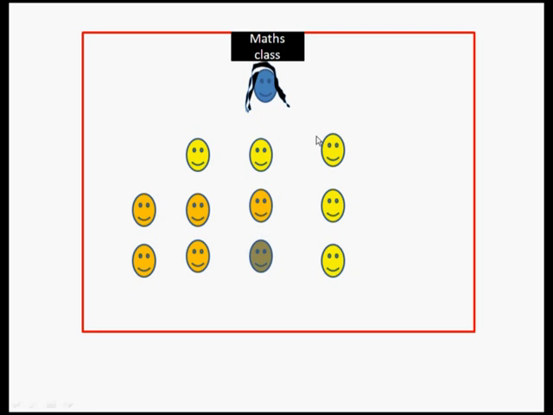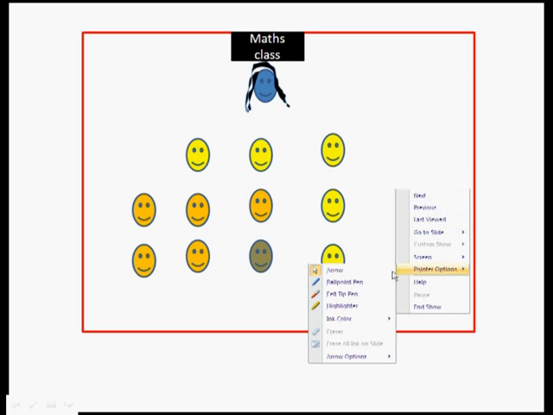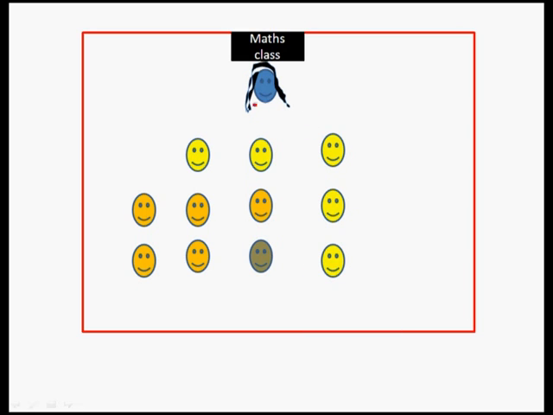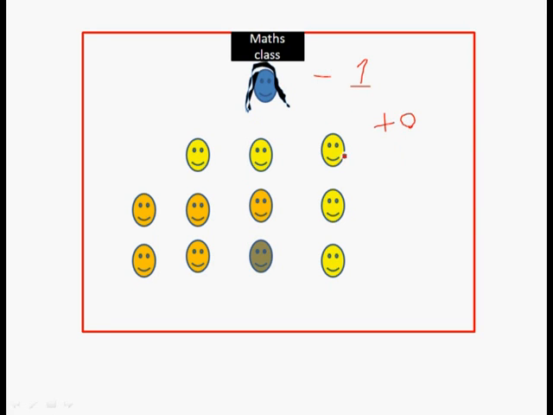A ratio is just a way of comparing two or more quantities. And in this case, we're comparing the number of students to teachers. So here we have one teacher to 11 students. So the ratio of teacher to students is simply 1 to 11.